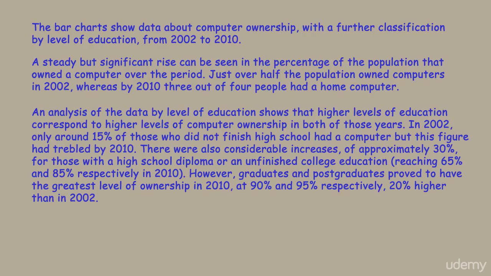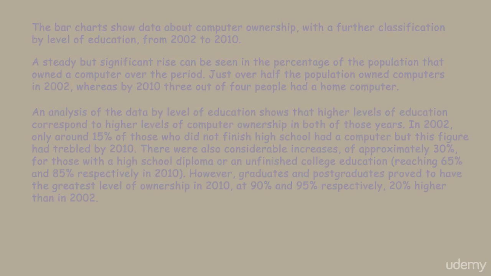There were also considerable increases of approximately 30% for those with a high school diploma or an unfinished college education, reaching 65% and 85% respectively in 2010. However, graduates and postgraduates proved to have the greatest level of ownership in 2010 at 90% and 95% respectively, 20% higher than in 2002.